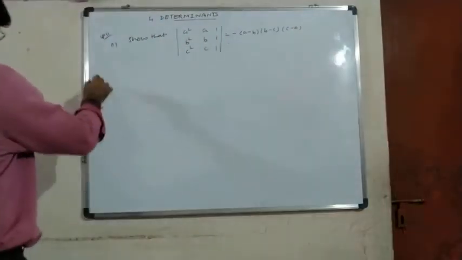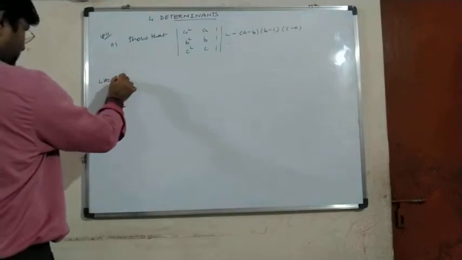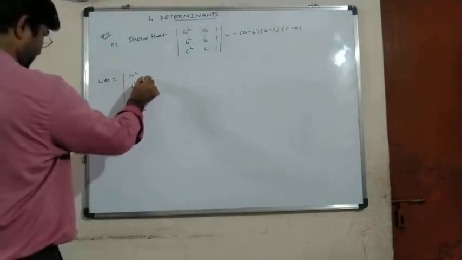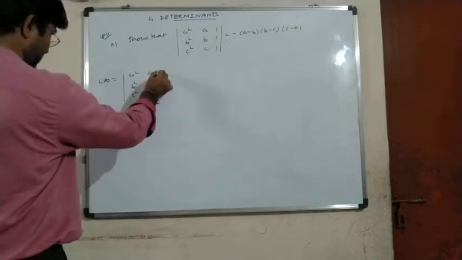Let us take the left hand side. We are given a square, b square, c square, a, b, c and 1, 1, 1.